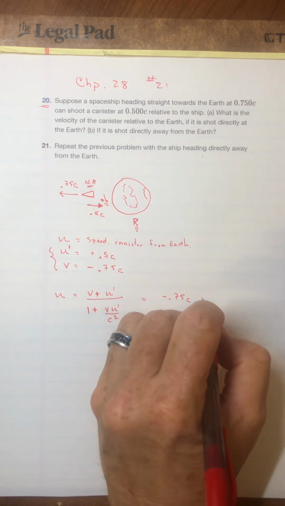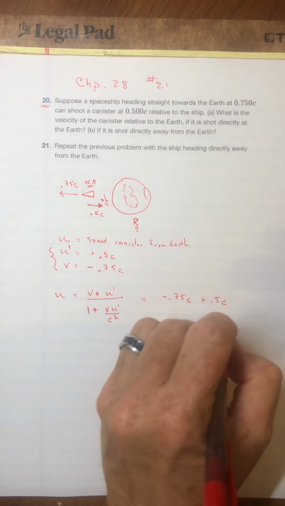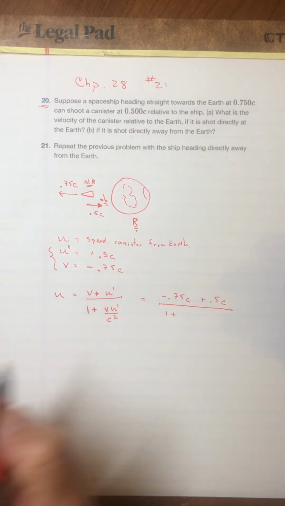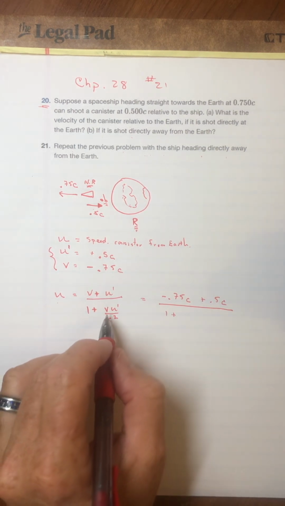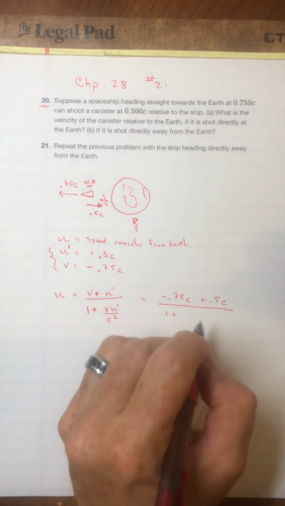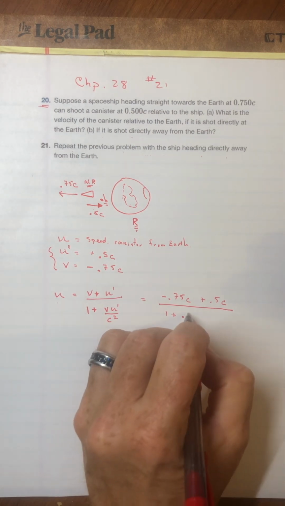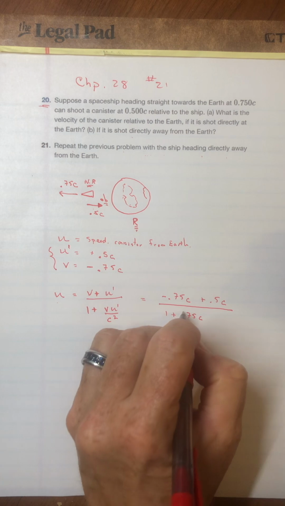And then we get a plus 0.5 c. And downstairs, we get 1 plus, and then we get the velocity of this, 0.75 c with a negative.